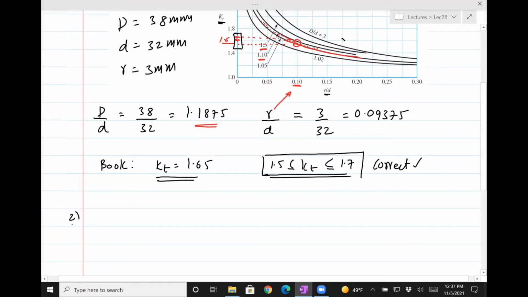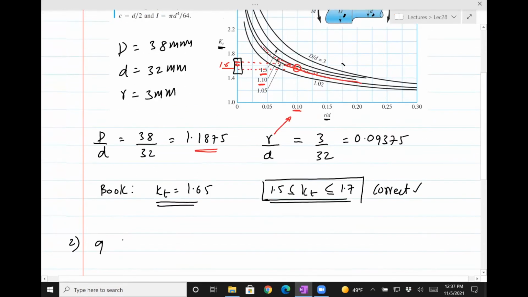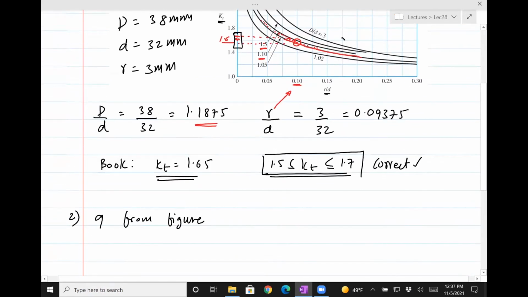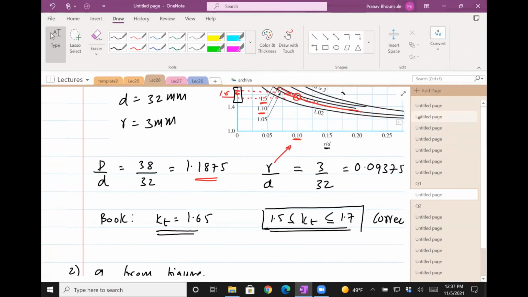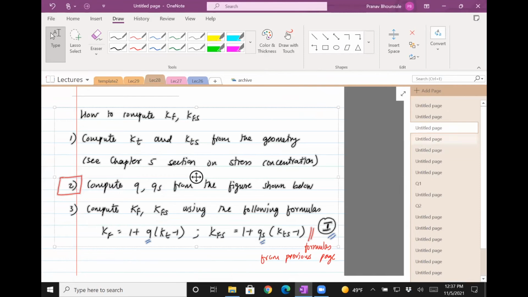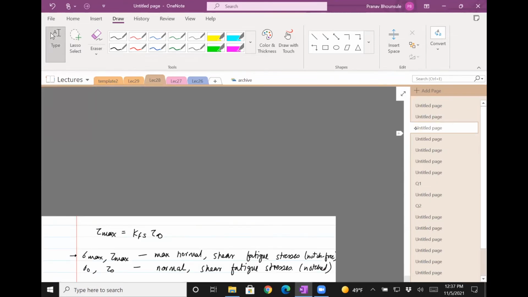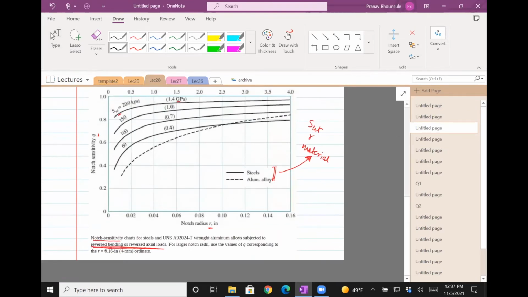Okay, so that's step one. Step two is to find Q from the figure. So what's Q? Well, we have to go back to that diagram. This is for reverse bending or axial loading, and that's what we want. This is in bending, so we need to find the Q for a notch radius R of 3 mm, right?